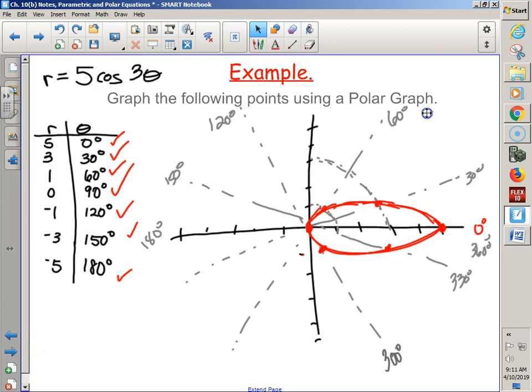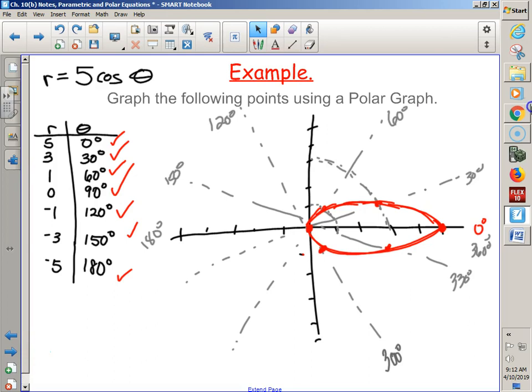Hold on. Is it 3 by itself and the theta by itself? It's cosine of, like in parentheses. Why don't you just try 5 cosine of theta? It's not exactly this graph, but it should be close.